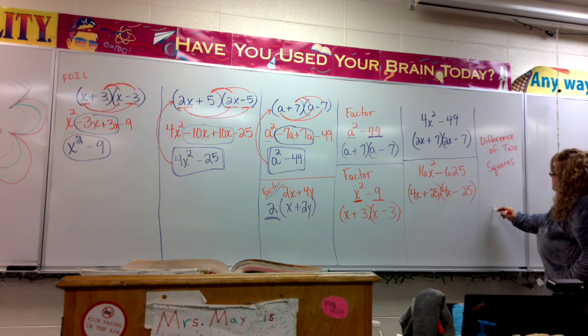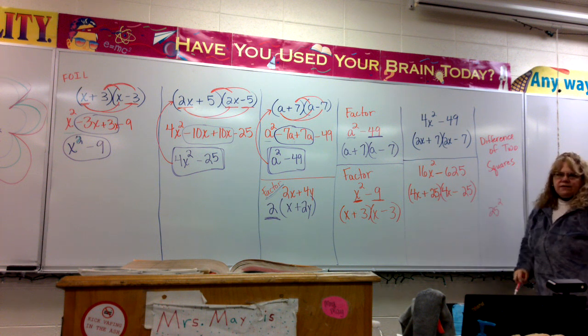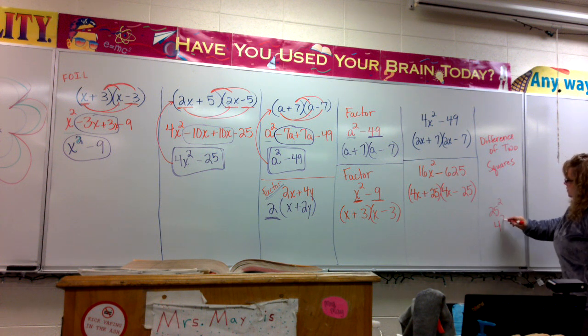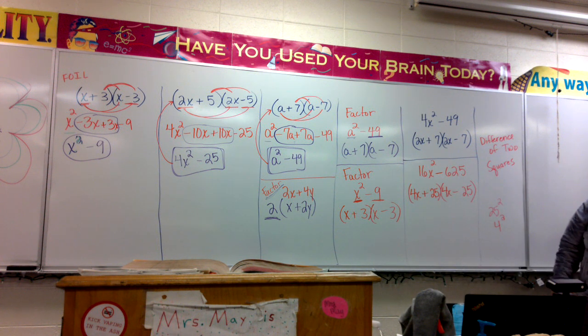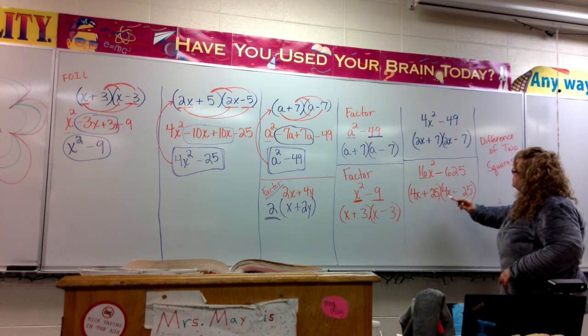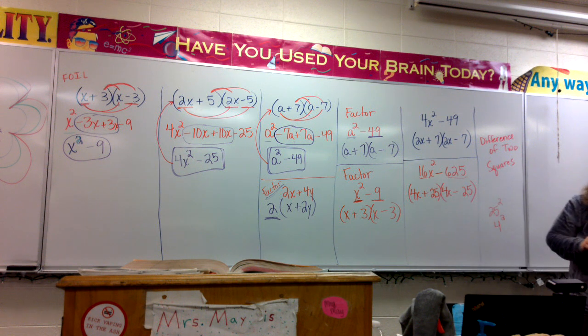What's 25 squared? 625, right? What's 4 squared? It's 16, right? So always for today's, these are going to be some number times itself. 4 times 4. 25 times 25 for all of these today. Does that make sense?